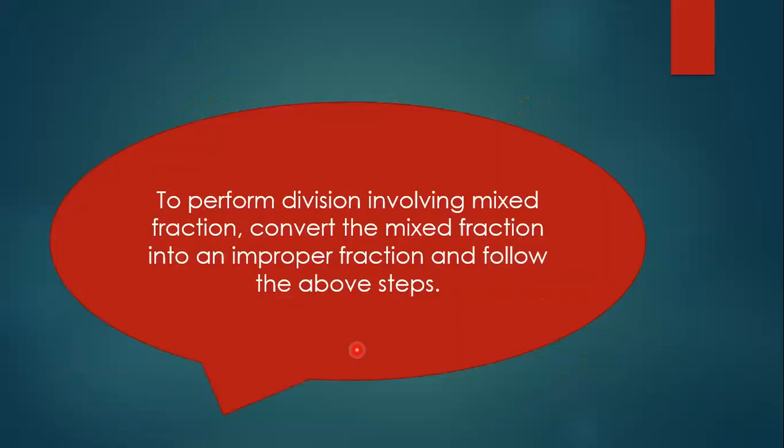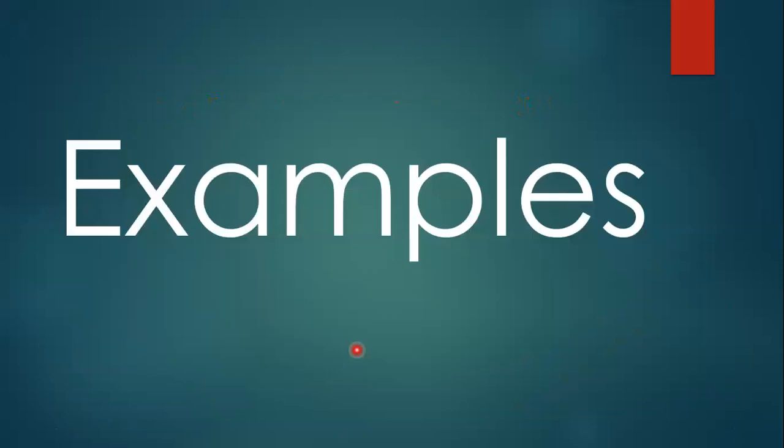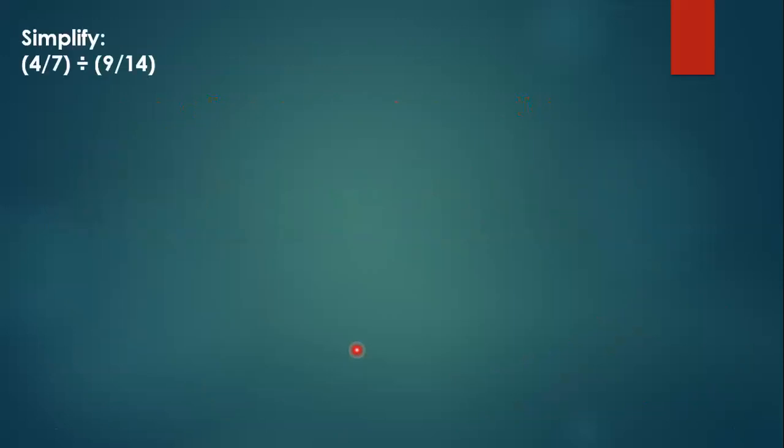Now children, if you have to divide a mixed fraction by another mixed fraction, you only need to remember that the thing is very simple. What will we do? First we'll convert the mixed fraction into an improper fraction, and then we'll start the division. Let's start with some more examples.